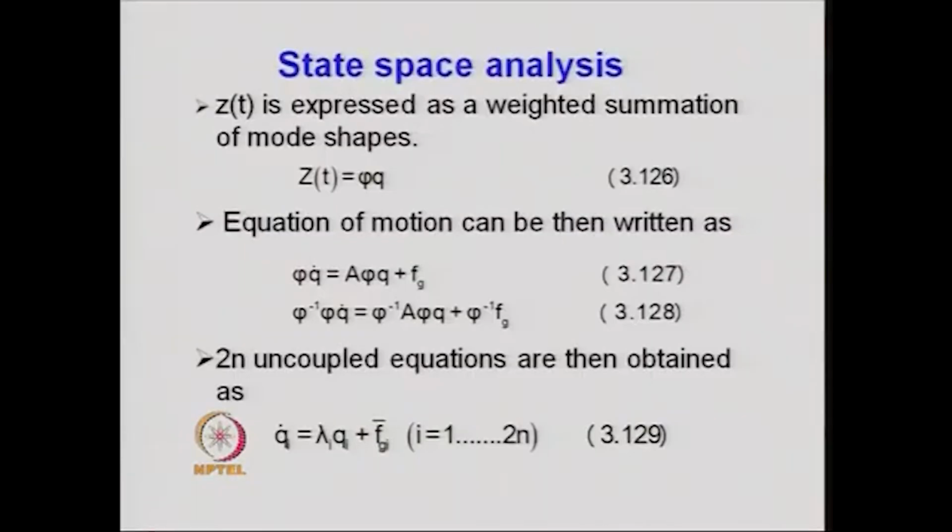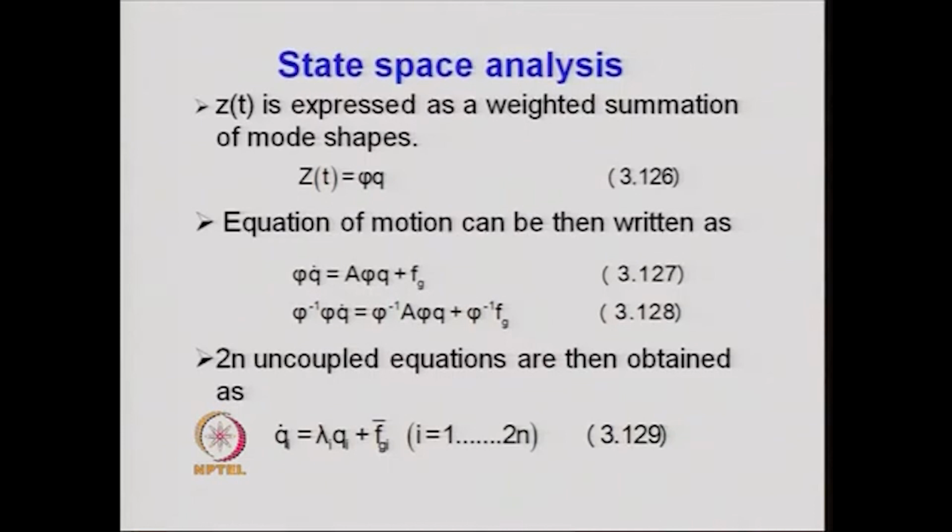Next we come to the state space analysis. If we wish to obtain again the modal analysis, or use the modal analysis technique for the state space equation, then we follow in the same fashion.